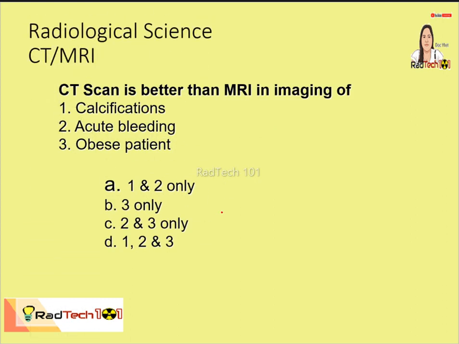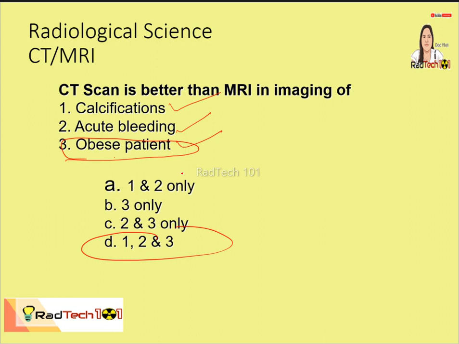CT scan is better than MRI in imaging of what? So, calcifications, acute bleeding, and obese patient. So, di ba, pag MRI, hindi masyadong makapag-penetrate ang ating electromagnetic field, yung magnetic field natin sa fat.